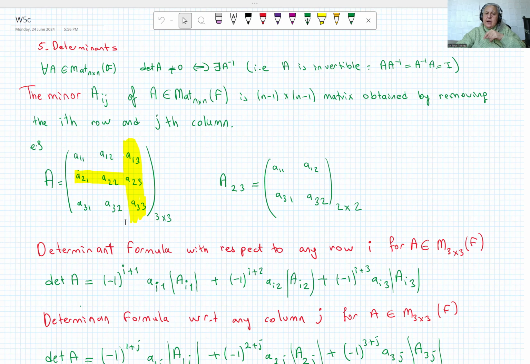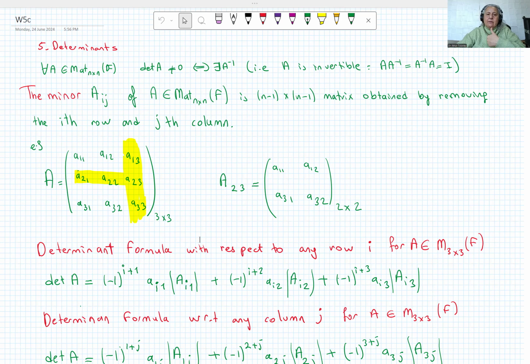What is left of the matrix gives you the minor. So the minor Aij is obtained by removing the ith row and jth column, and whatever is left is the square matrix of one less degree.